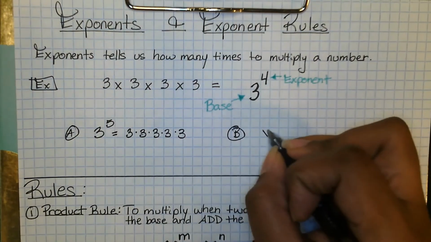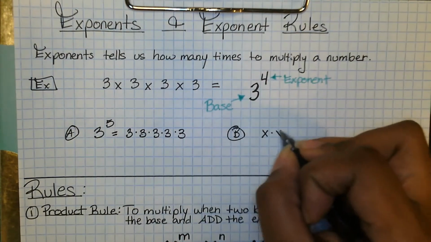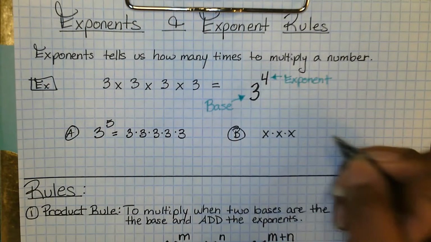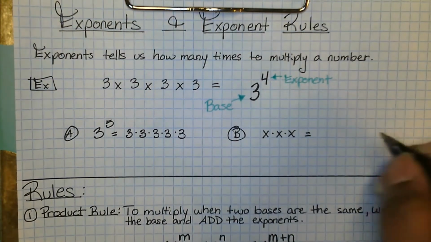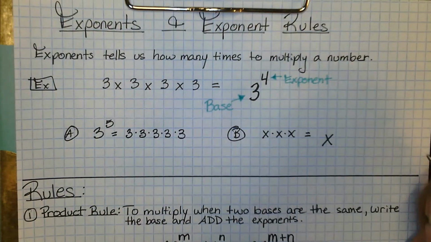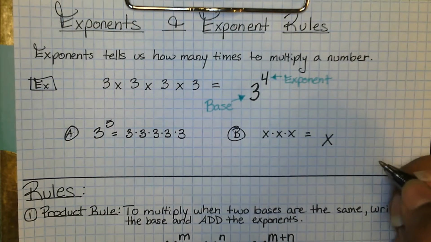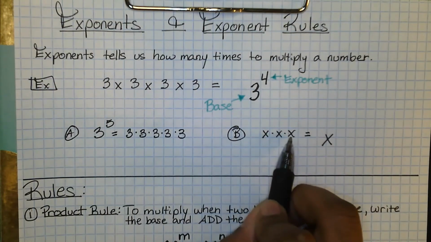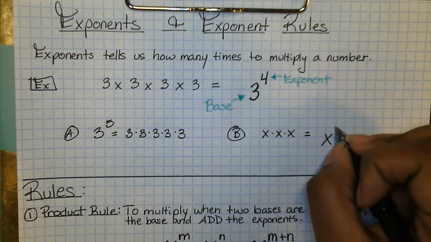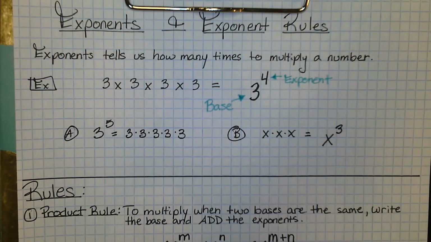If we have x times x times x, then our base would be x because that's the variable being multiplied. And we're multiplying it 1, 2, 3 times, so the exponent would be 3.